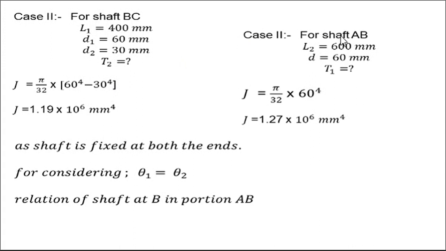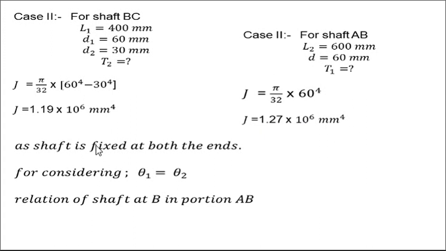In case 2, for shaft AB, there is no hollow, it is a single shaft, so there is only one D, the diameter of 60 mm, and the length is 600 mm. Here we will find T1, the torque at the AB portion. The polar moment of inertia is pi by 32 into D raised to 4, where D is 60 raised to 4. After solving you will get the polar moment of inertia for this region also.